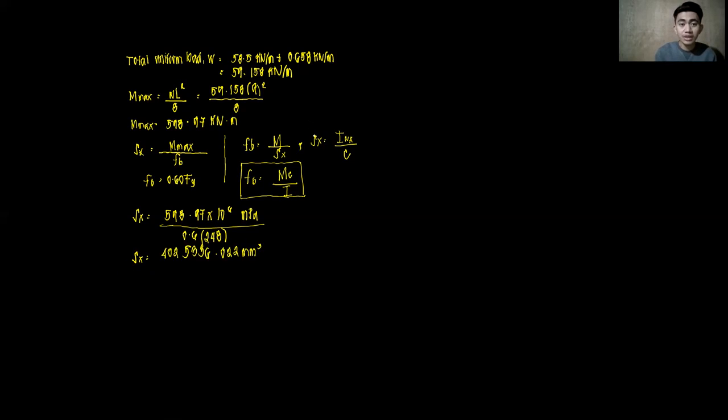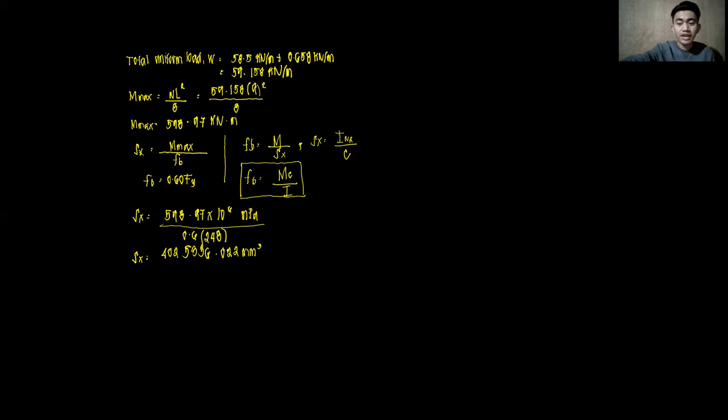That is because, observe here, what is always the unit of the neutral axis moment of inertia? The unit for moment of inertia is your unit raised to 4. However, dividing it by a distance, say for example a single unit, what happens? It becomes unit raised to 3. So Sx will always have a unit raised to 3.